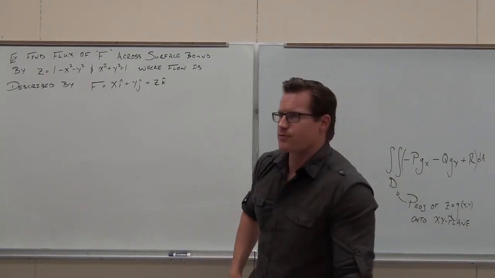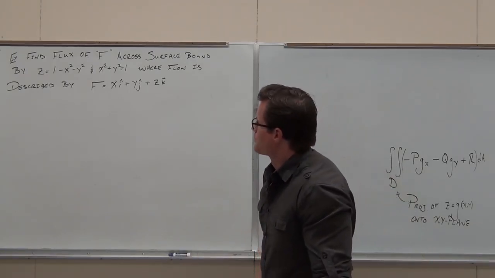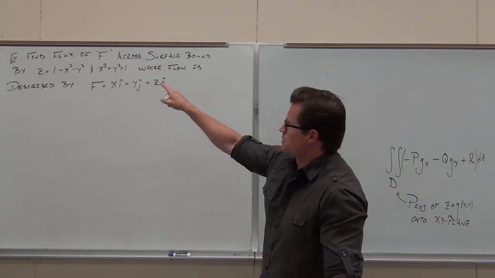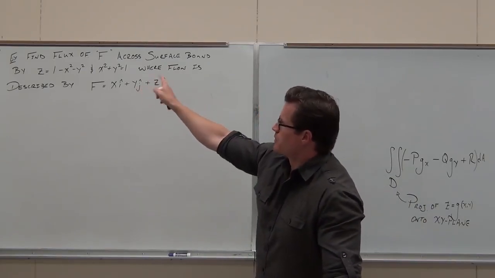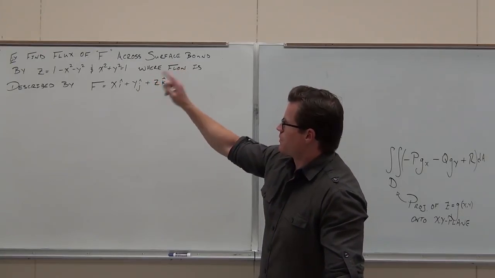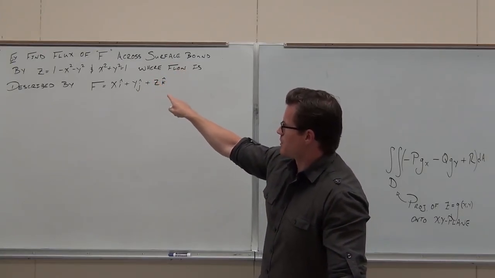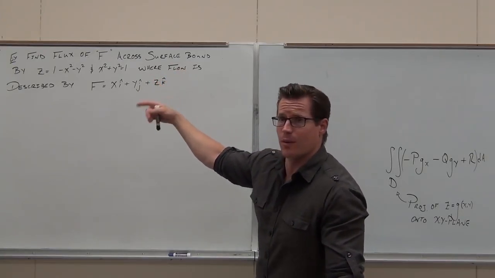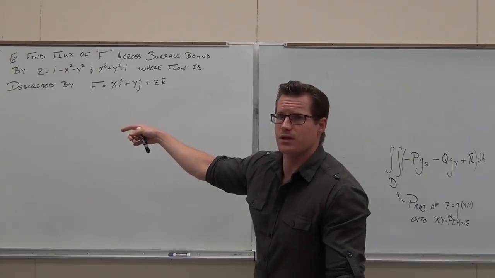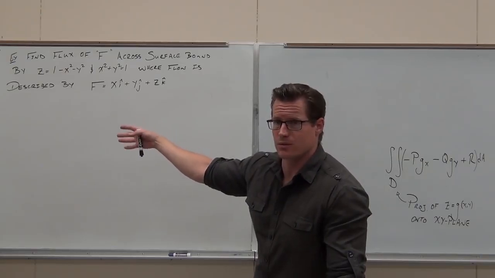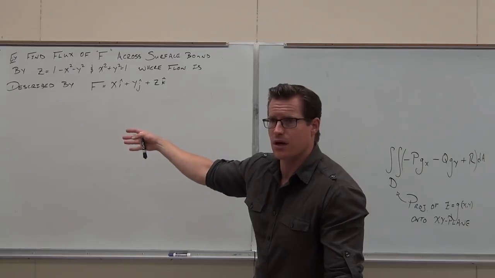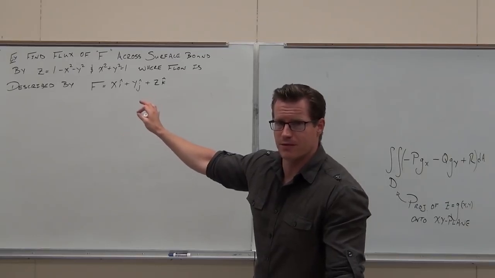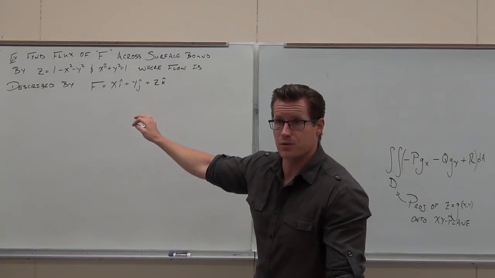We've got to find the flux of the vector field across the surface, which is the surface bound by those two functions, where the flow is described by that vector field, xi plus yj plus zk. Do you guys understand the idea of what we're about to do? So we're trying to find the flux integral. That's going to give us the amount of flux there. We're not talking about mass here, just the amount of flux across that surface given by that vector field. Make sense? That's what we're doing.